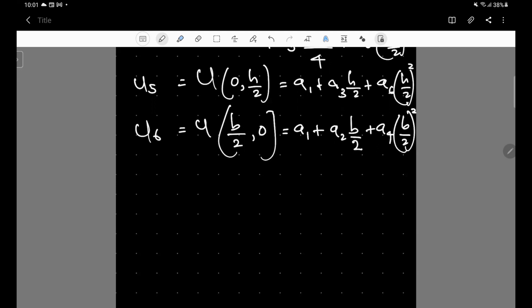So we have written down all the displacement functions, the x displacements at all the 6 nodes, and based on the 6 equations, we can solve for the a values.